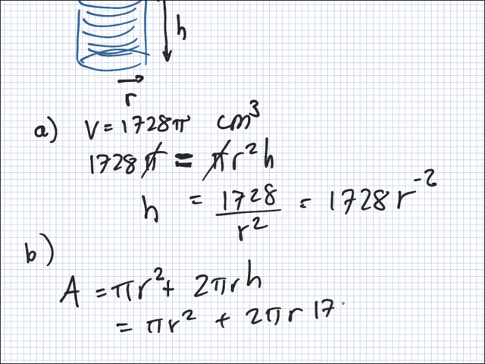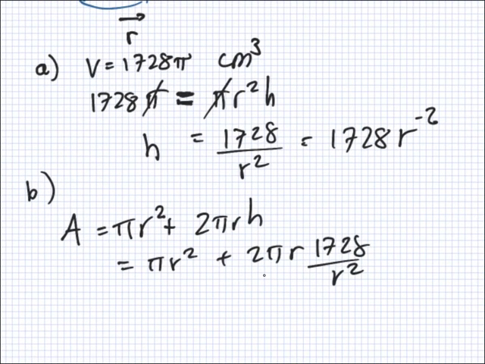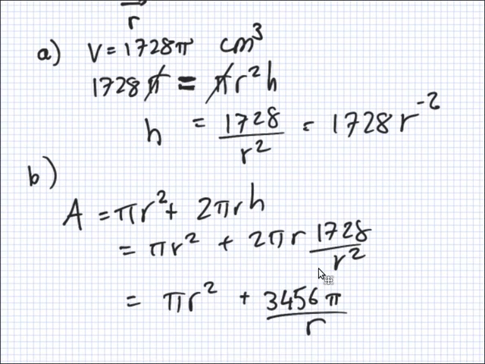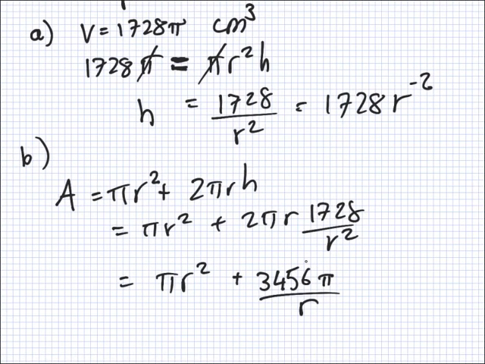In fact, I will leave it as 1728 over r squared because I can cancel an r. So I'll get pi r squared plus 3456 pi over r. Is that how they write it? Yeah. You multiply by 2 and divide 1728 by 2, and cancel an r.